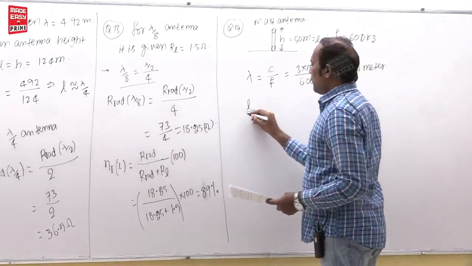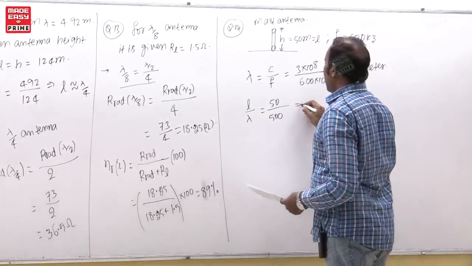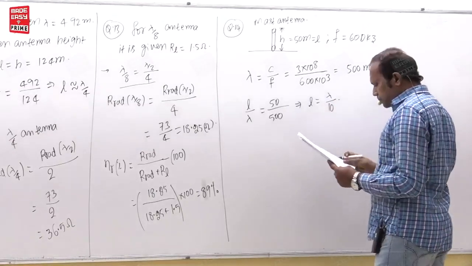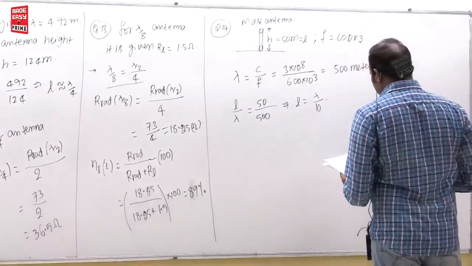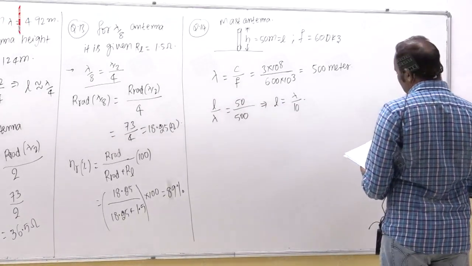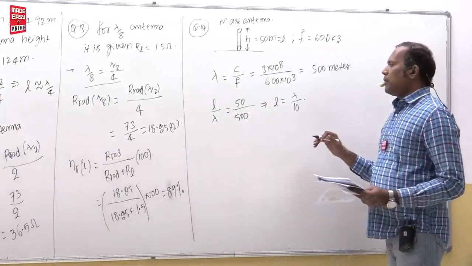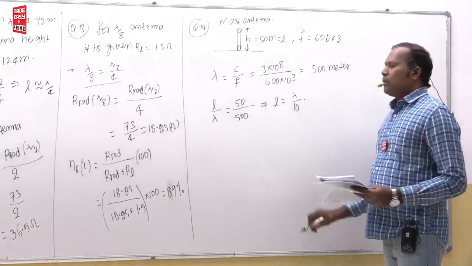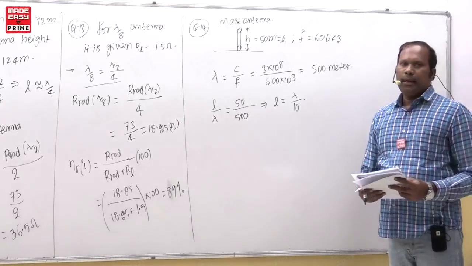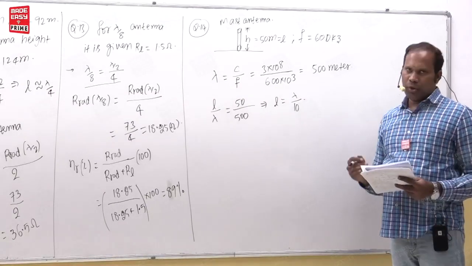Now take the ratio of length and lambda. Length is given as 50 and lambda is 500, so L is equal to lambda by 10 you get. Basically, dear student, I was telling you, if length is less than or equal to lambda by 10, then radiation resistance is 80 pi square (dl by lambda) whole square if the current is uniformly distributed.